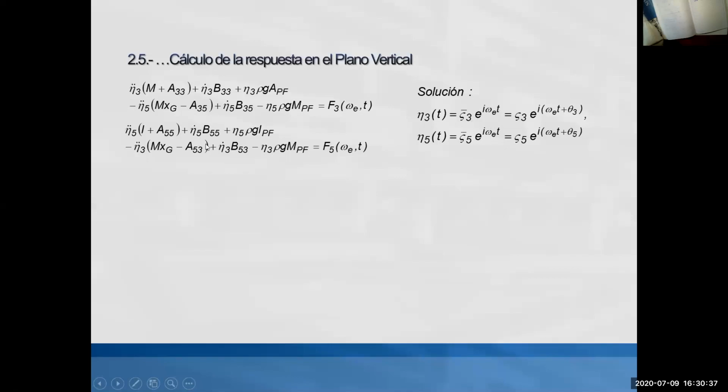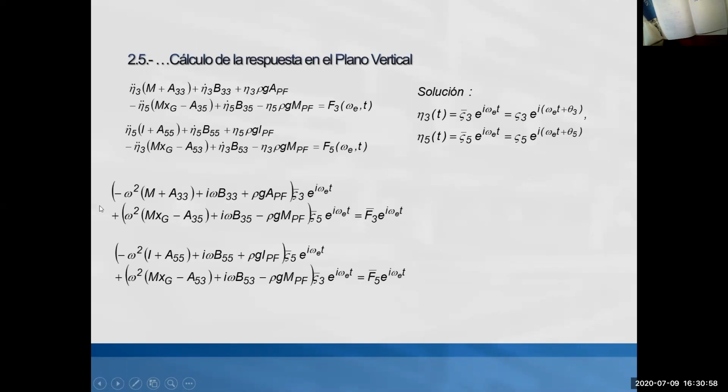So we cancel. Now, if we assume that this second derivative is going to be minus omega squared times that, this first derivative is going to be I omega zeta 3 times that. So all of this can be calculated. And this is the way we replace it.